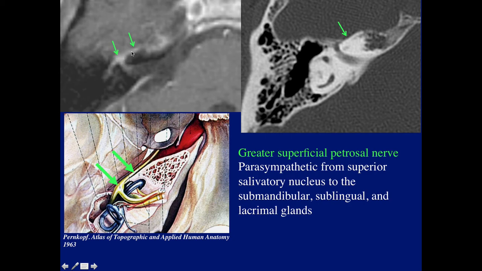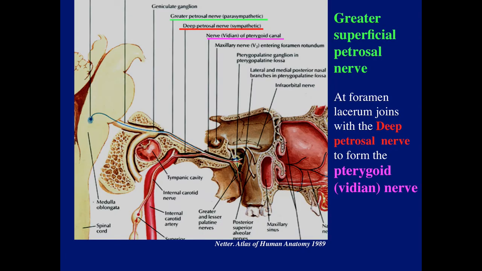We see a little bit of the nerve here. The greater superficial petrosal nerve carries parasympathetic fibers from the superior salivatory nucleus to the submandibular, sublingual, and lacrimal glands. Netter shows beautifully this relationship.